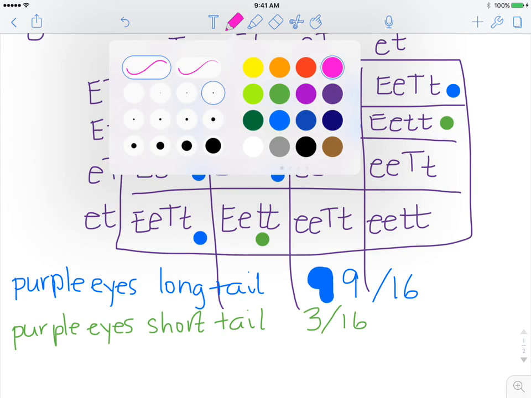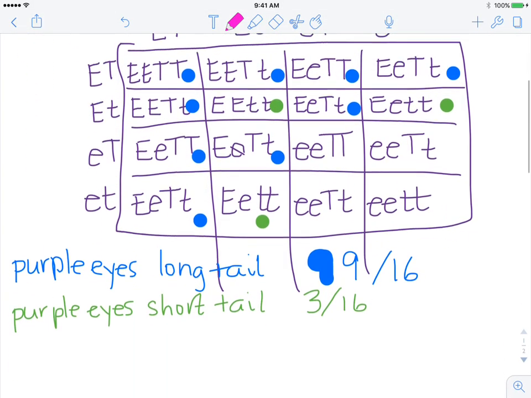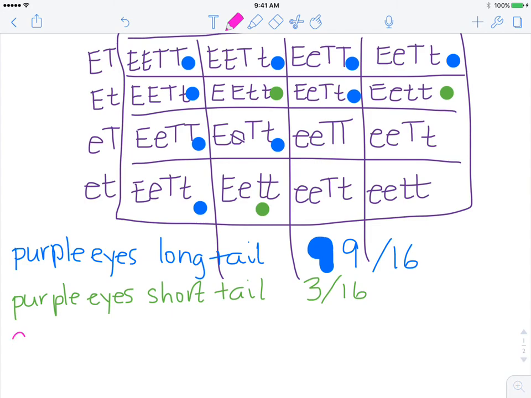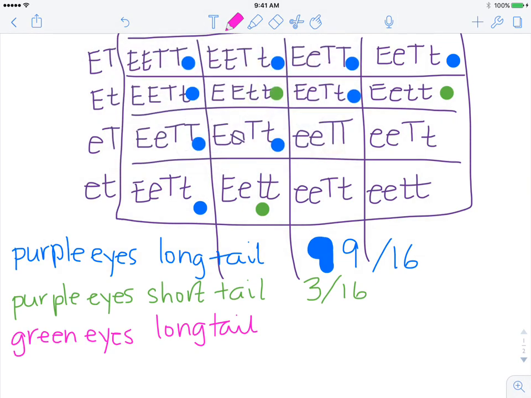We are going to be looking at green. Was it green eyes that we looked at? That is our recessive, yes, green eyes. So green eyes, long tail. This would be green eyes and a long tail, this would be green eyes and a long tail, and that would be green eyes and a long tail.